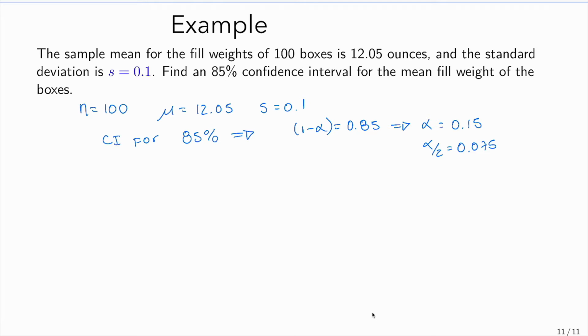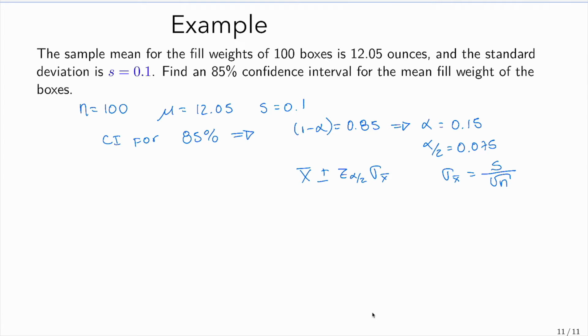Now, our confidence interval is given by x bar plus or minus z of alpha over 2 multiplied by sigma of x bar, and sigma of x bar is equal to the standard deviation of the sample divided by the square root of n.